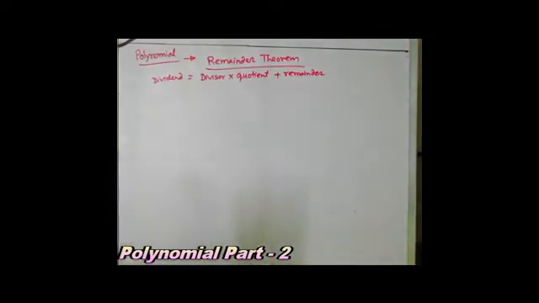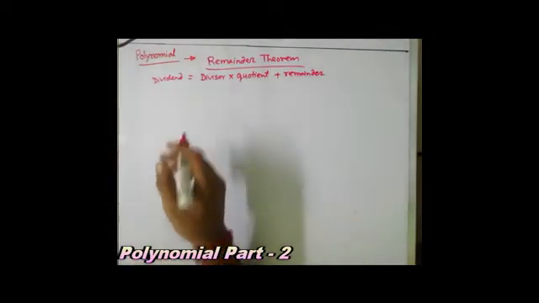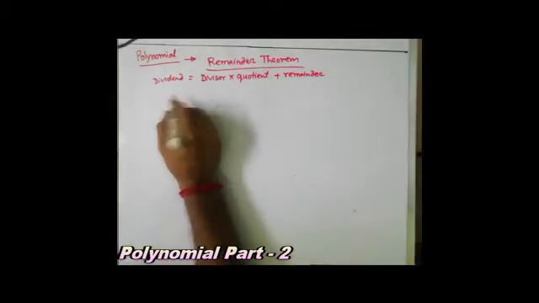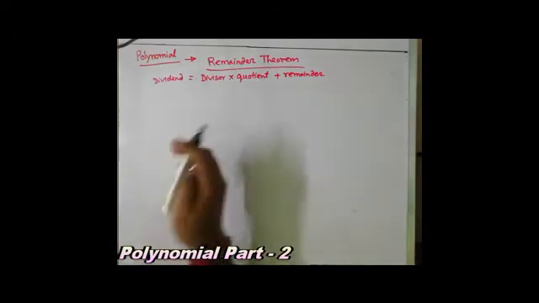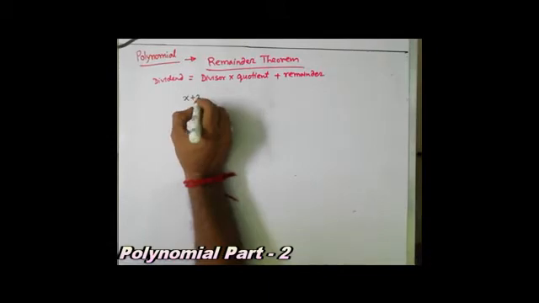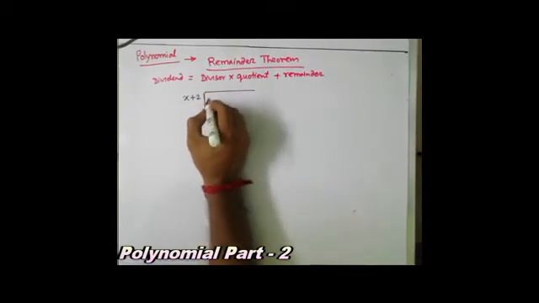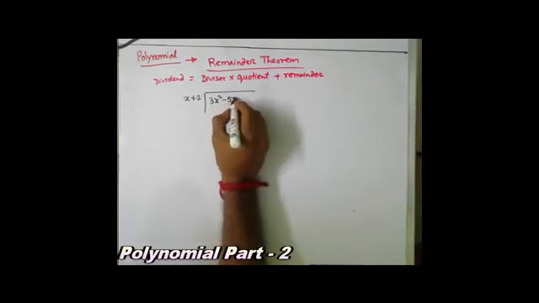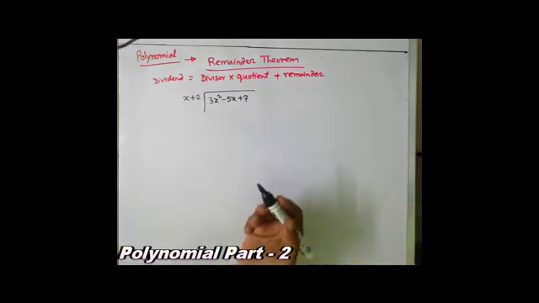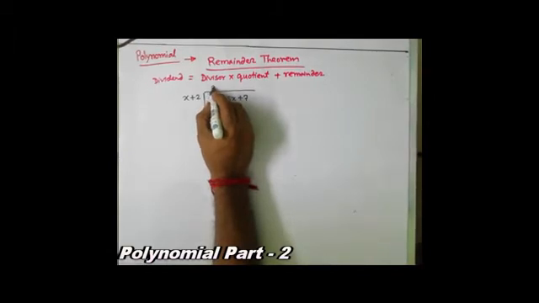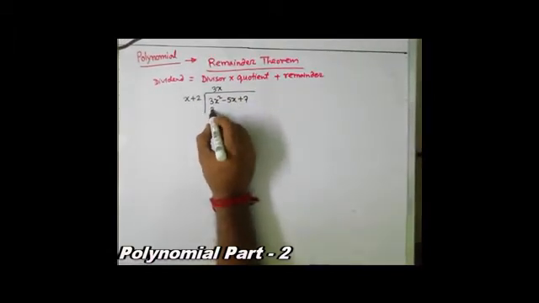Now that same theorem can also be adapted for polynomials. Very easily, you can prove that theorem for a polynomial like this. Suppose the polynomial x plus 2 is going to divide a polynomial, suppose 3x square minus 5x plus 7. If we divide in the usual manner, first 3x into x gives 3x square, because it is matching.